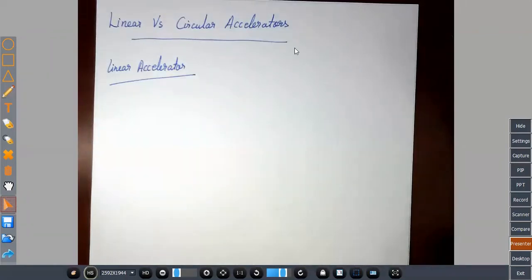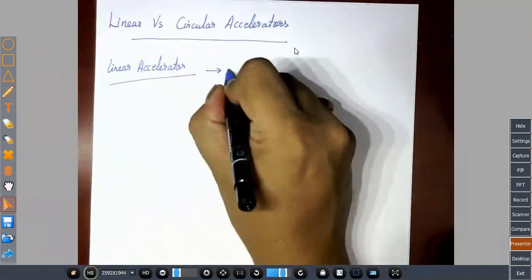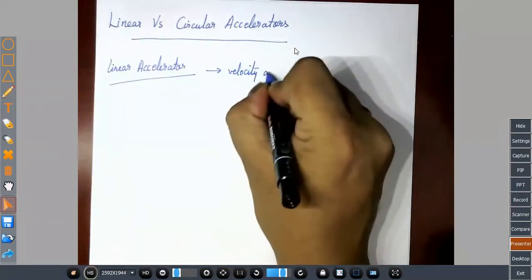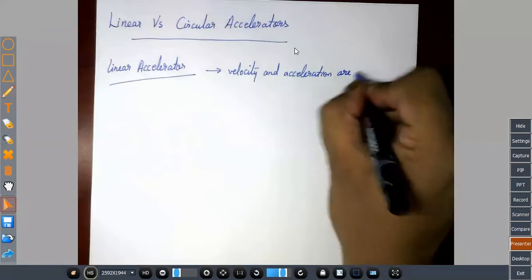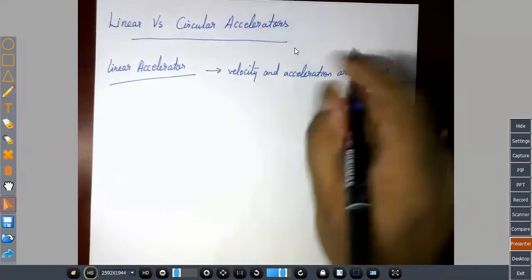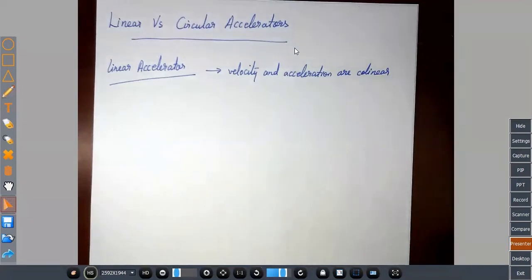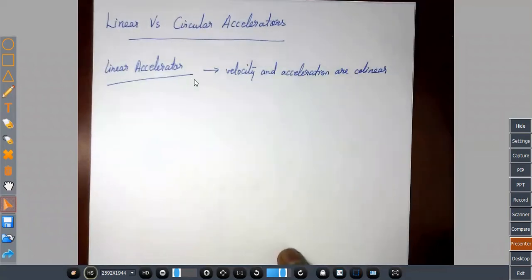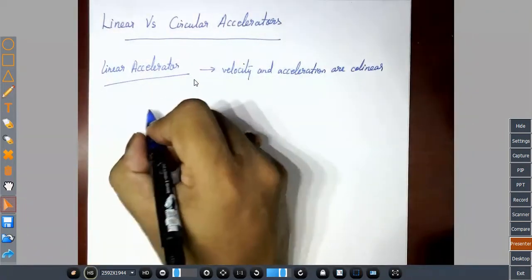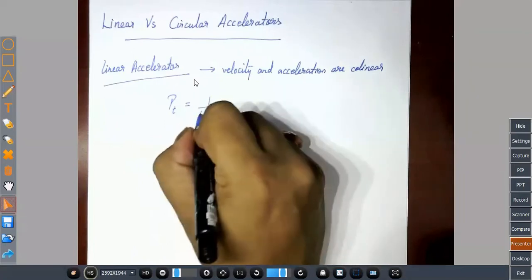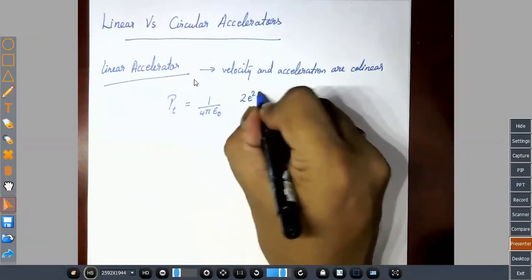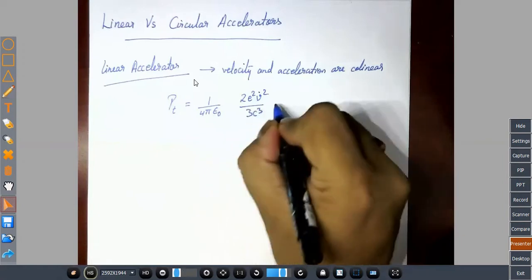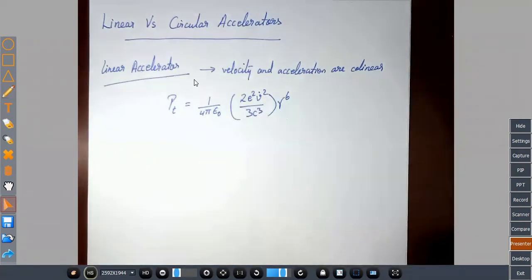In a linear accelerator, the velocity and acceleration are collinear, and the total power output is given by the Larmor formula, as we have studied earlier. This is the Larmor formula.